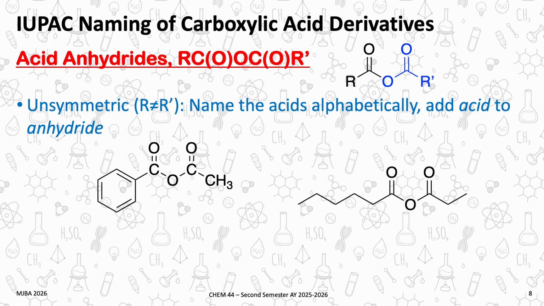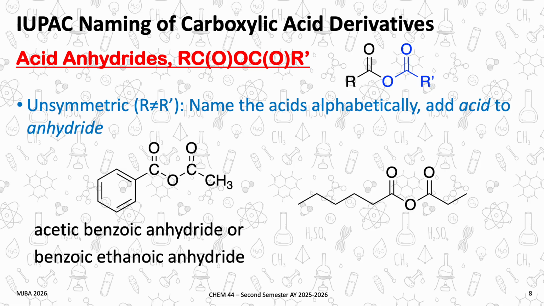The one on the right is ethanoic acid. But the one on the right is also accepted by IUPAC to be named acetic acid. So therefore, the name of this anhydride can be acetic benzoic anhydride. But if we use the ethanoic, that would become benzoic ethanoic anhydride. Remember, alphabetical. So acetic first before benzoic, but benzoic first before ethanoic.